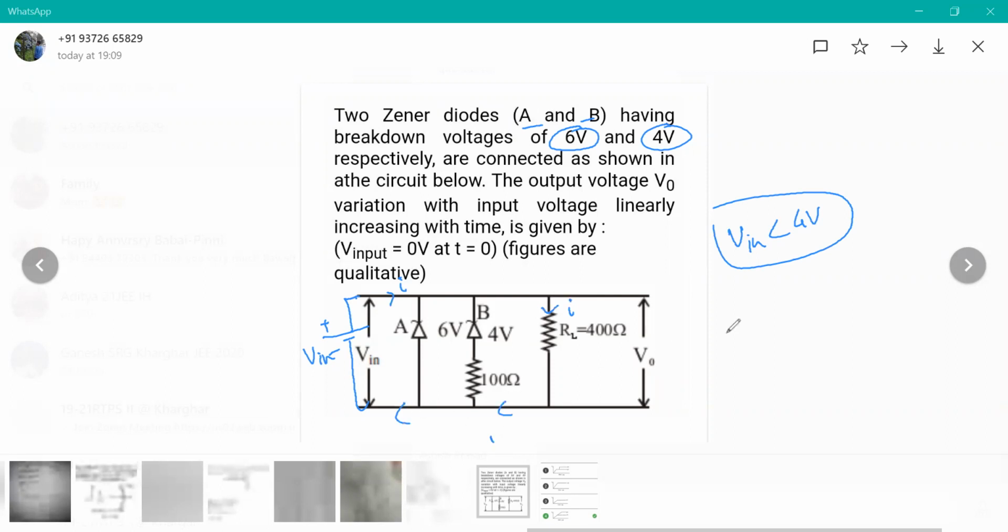So I will become equal to V input divided by RL. Our V output will be equal to I into RL, so that will be equal to V input. So when we are looking at V output versus V input up to 4 volts, it will be a linear graph like this, because hardly any current will go through A and B. This part is clear, Ashish?